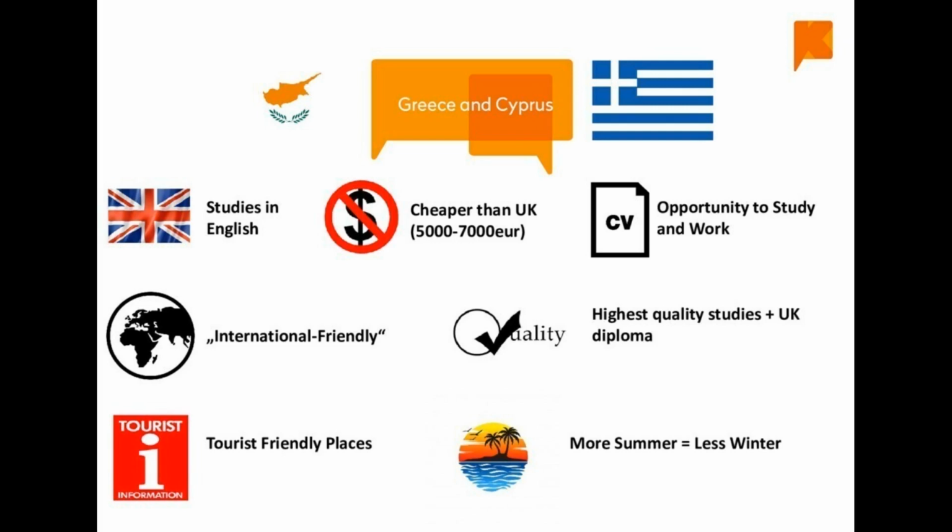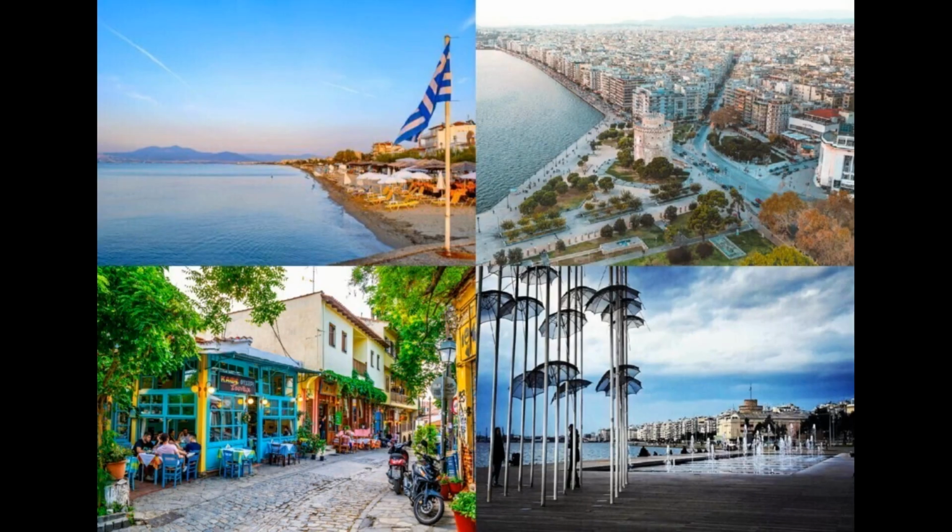Also, Greece and Cyprus, similarly to Poland, has reasonably cheap living. So this means you wouldn't need that much money to actually start your career in Greece and Cyprus. Very international again, lots of summer, not a lot of winter. This is what I love. So around 300 days of sun.